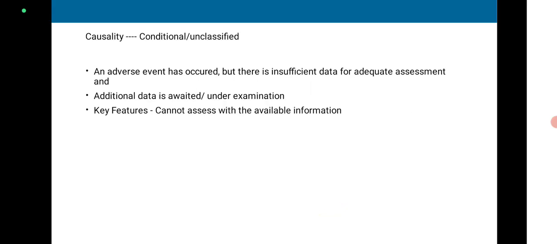The next causality is conditional or unclassified. An adverse event has occurred but there is insufficient data for adequate assessment, and additional data is awaited or under examination. The key feature for conditional or unclassified is that it cannot be assessed with the available information.